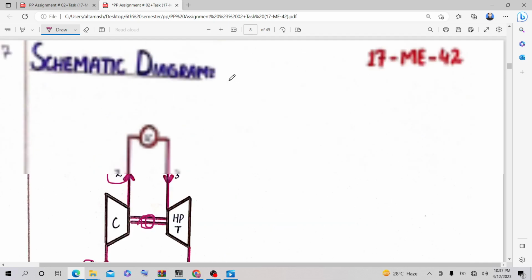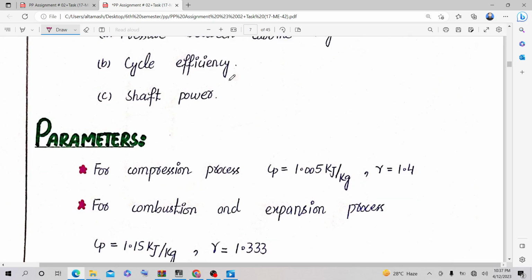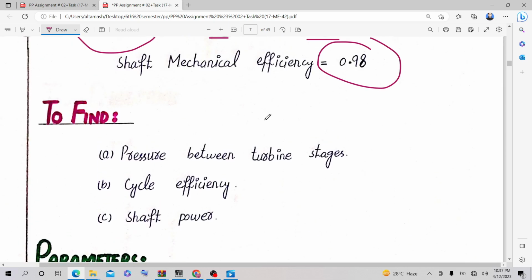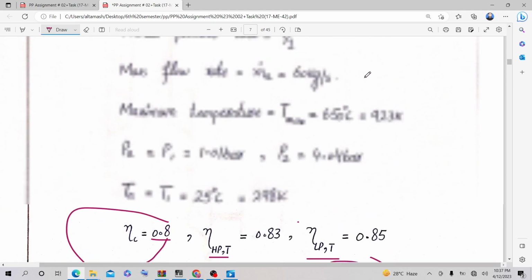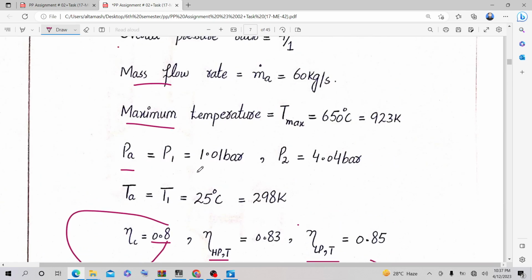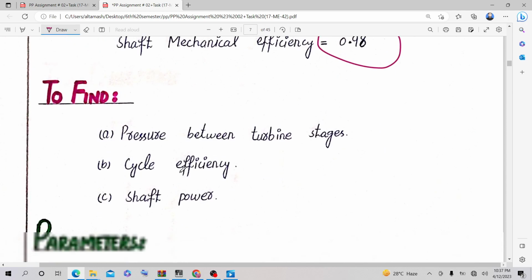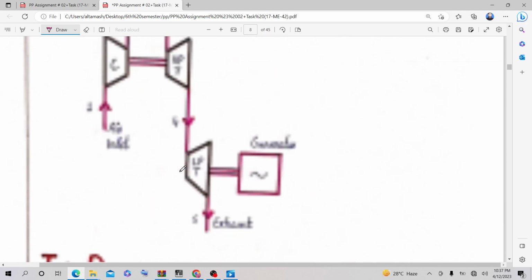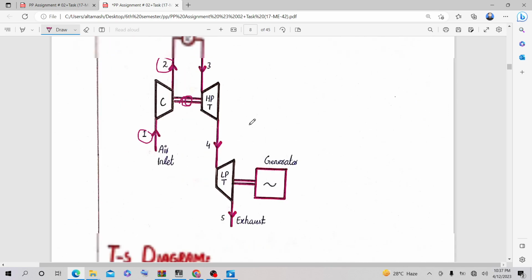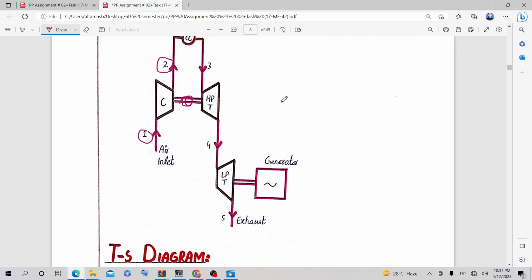But in this case, due to friction and some other losses, this efficiency is 0.98. So I will read this question and I will show you this figure so that you understand this figure and how it has been done.